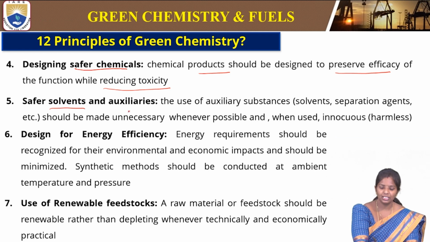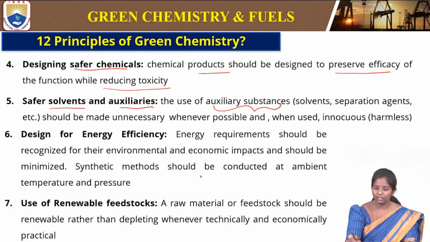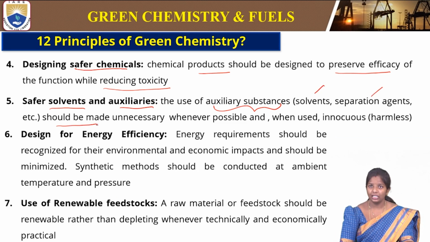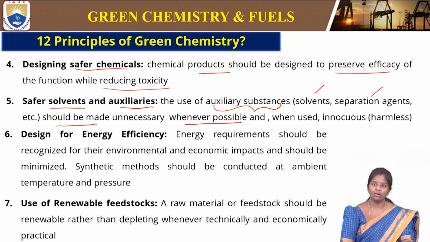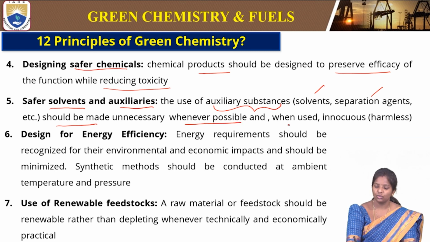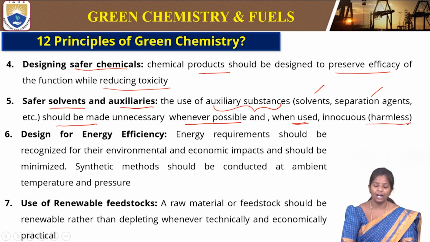Then safer solvents and auxiliaries. The use of auxiliary substances, which are solvents and separation agents, should be made unnecessary whenever possible. We have to reduce the use of these auxiliary substances so that it will reduce pollution. But even when it is used, it should not be harmful.